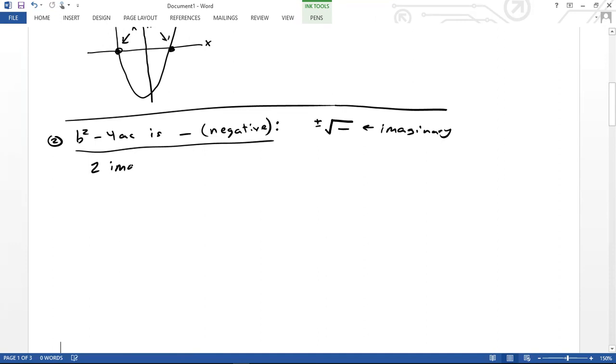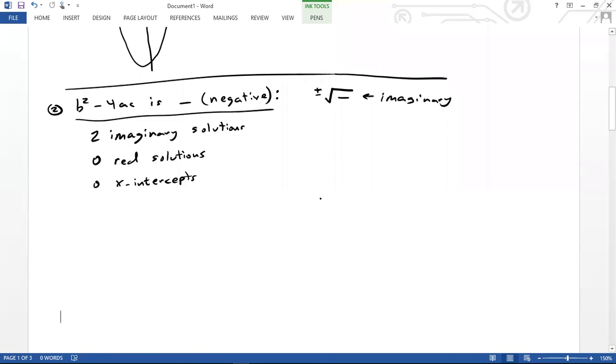So in this case, when b squared minus 4ac is negative, it's going to be 2 imaginary solutions. But imaginary solutions are not real. So it's actually no real solutions and no x-intercepts. And the graph will look like this.